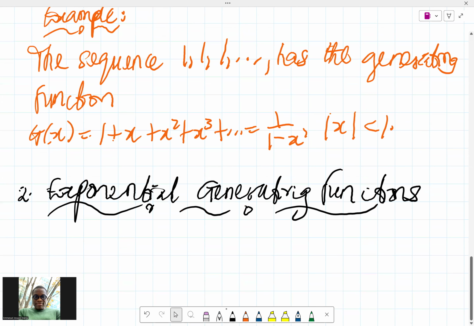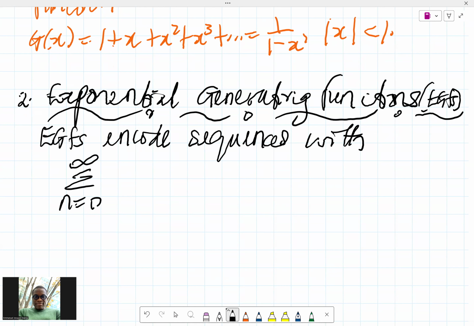So EGFs encode sequences with the summation from n equals 0 to infinity of a_n x raised to power n, now divided by n factorial. So it's more like ordinary generating functions divided by n factorial.